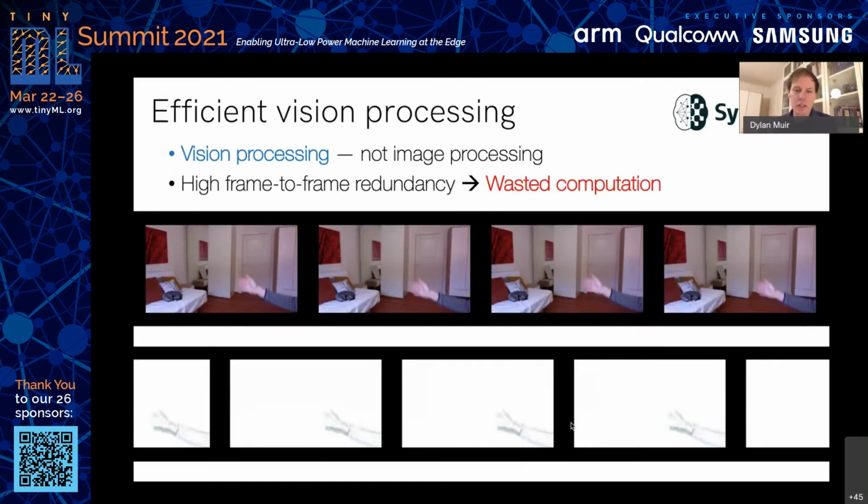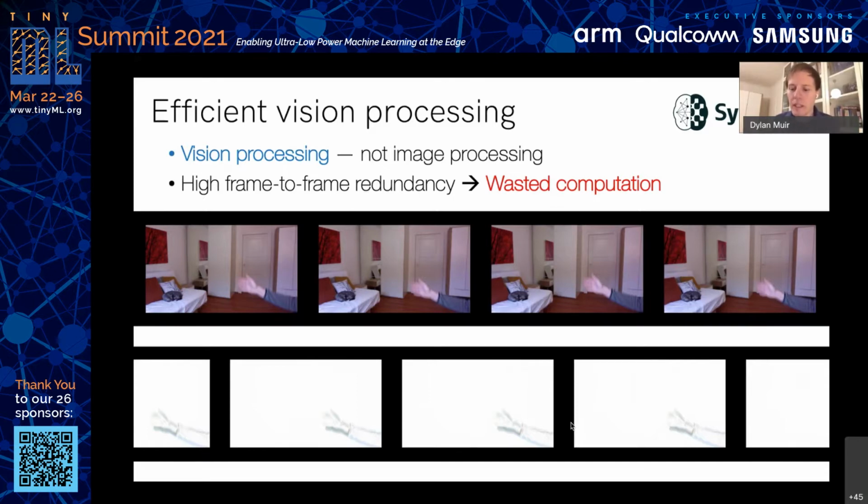One obvious approach, of course, is to look at the frame-to-frame differences. Here you can see emphasized that there is very, very little extra information coming in from the next frame. But it's not clear exactly how to efficiently calculate and compute over these temporal difference images based on standard images, standard cameras, standard compute hardware.